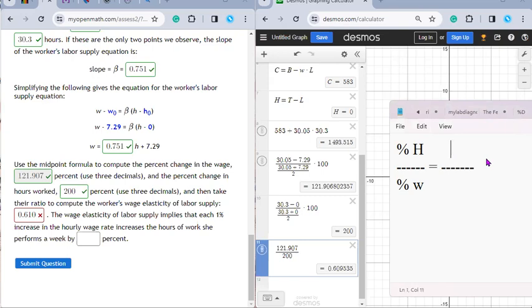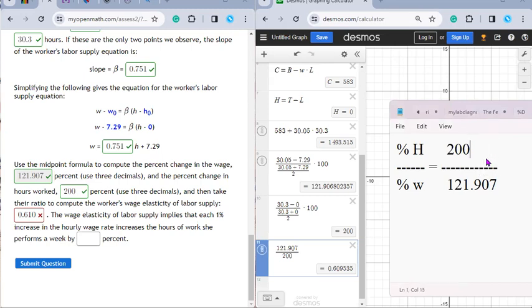Okay, so the percent change in hours worked, we went from 0 to 30.3 hours of work. So that's 200 up here, right? And then the percent change in the wage, we went from 7.29 up to 30.05, and the midpoint percent change is 121.907.